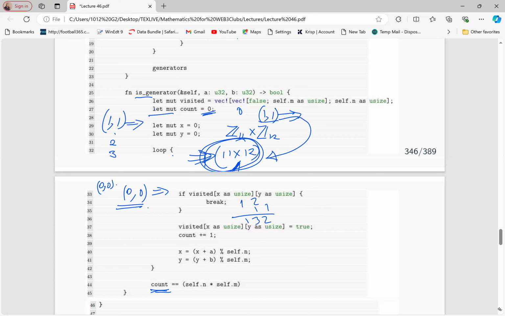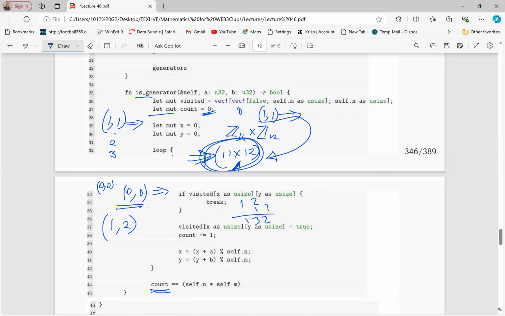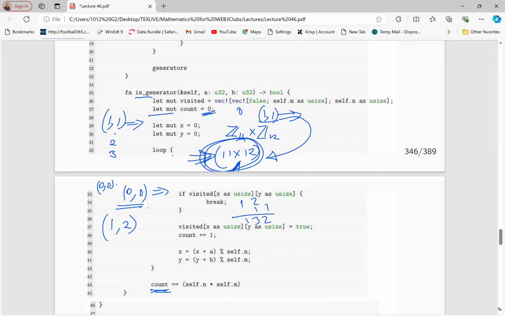So it informs the one above. The one above now asks, what about 1, 2? So this one does the same thing again. The count is 0. When 1, 2 comes in, the count is 1. Then it adds 1, 2 to itself, that is the second count.